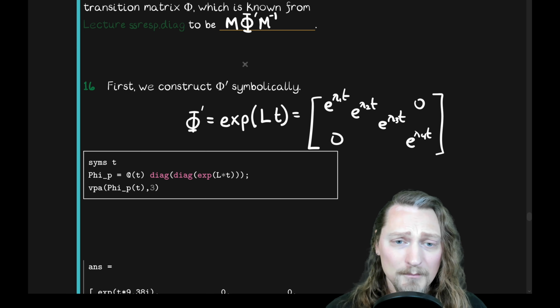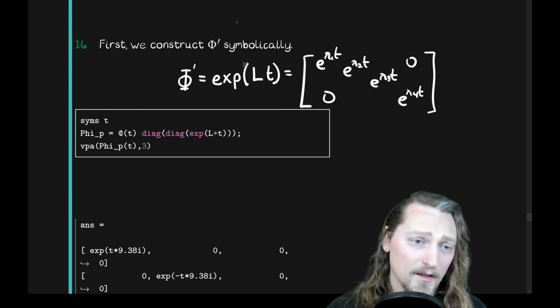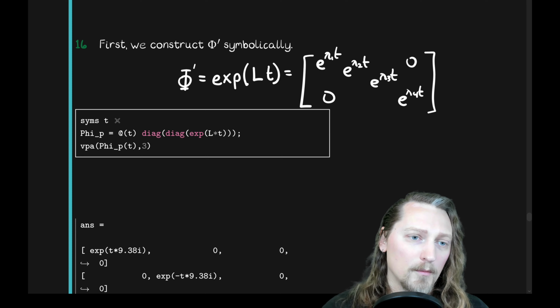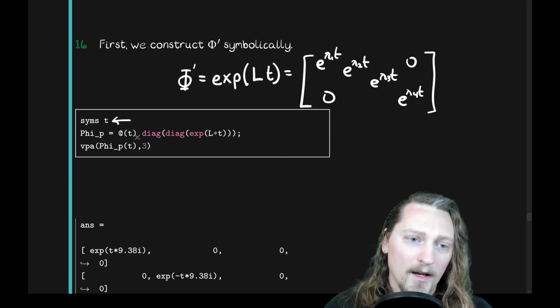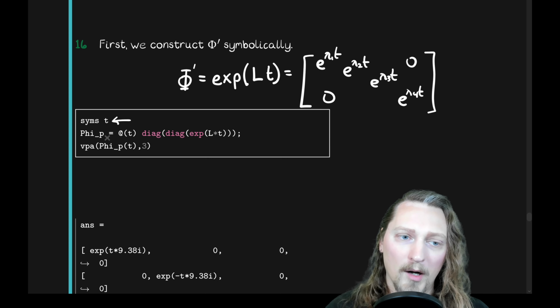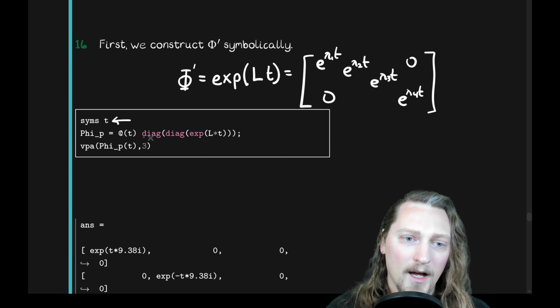So we'll do that symbolically first. Declare t to be symbolic, define an anonymous function, phi p for phi prime, which is a function of time.